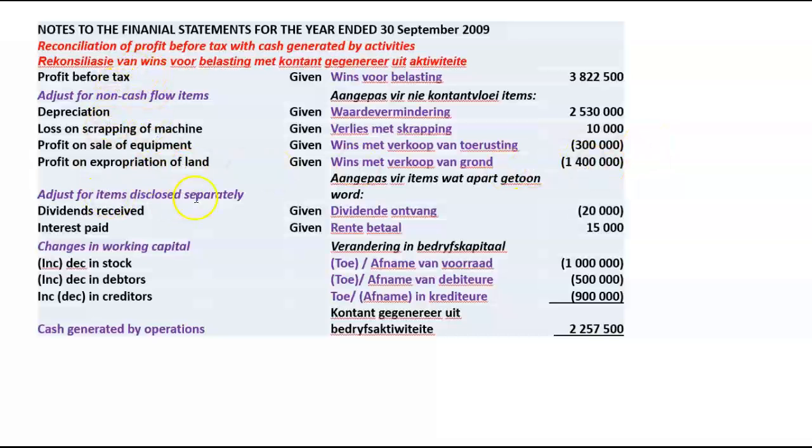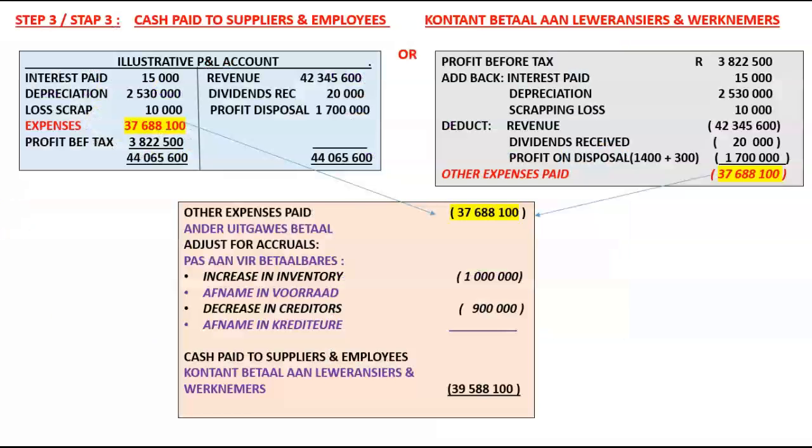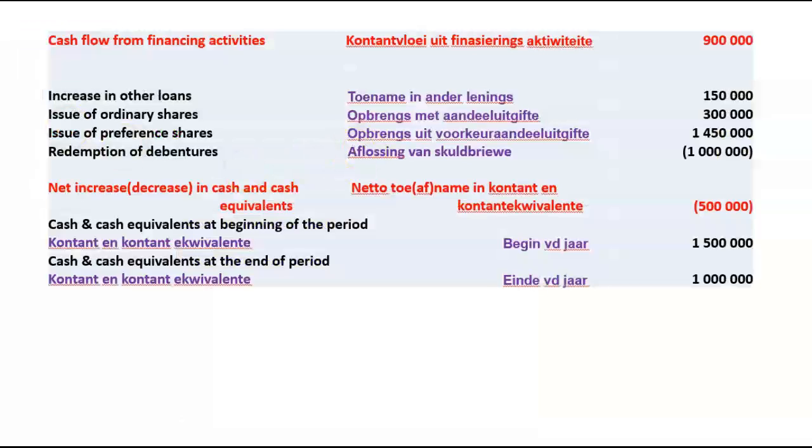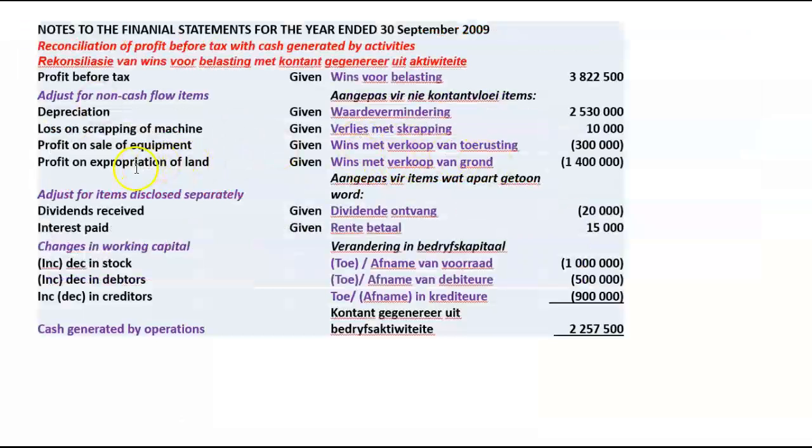Then we're going to adjust it for items disclosed separately. Here we have it: interest paid, 15,000, and dividends received, 20,000.